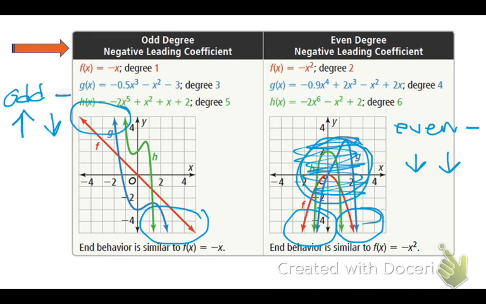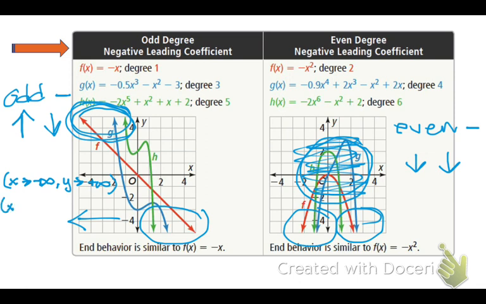Technically, when you write these, you say, as x approaches negative infinity, that's this way, right? What are the y's doing? Where are they approaching? What is up? Positive infinity. As x approaches negative infinity, y approaches positive infinity.